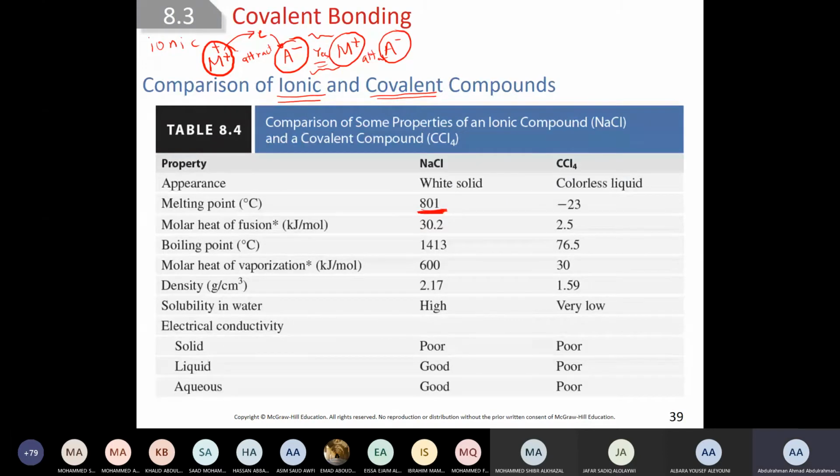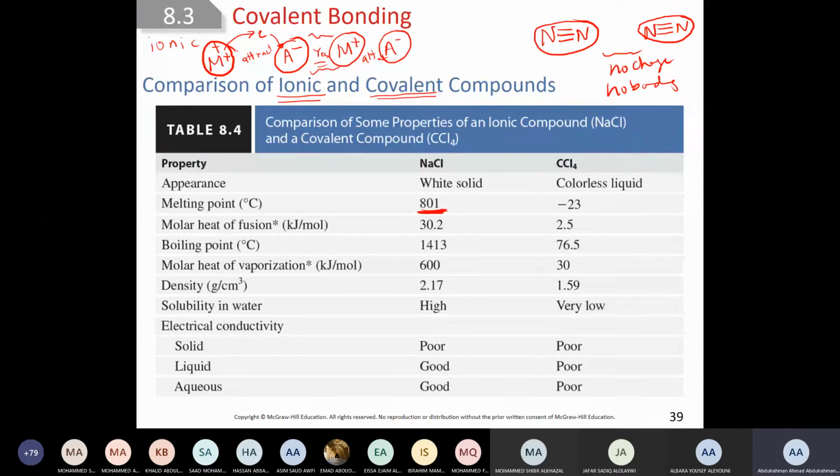While, let's see, for example, nitrogen, and there is another nitrogen. Can these two molecules attract each other now? There is no charge, no bonding, no nothing.